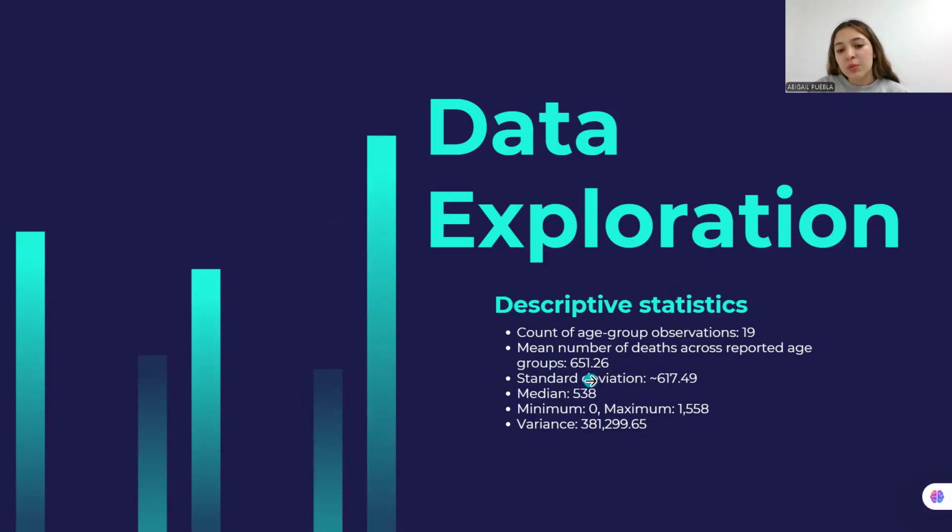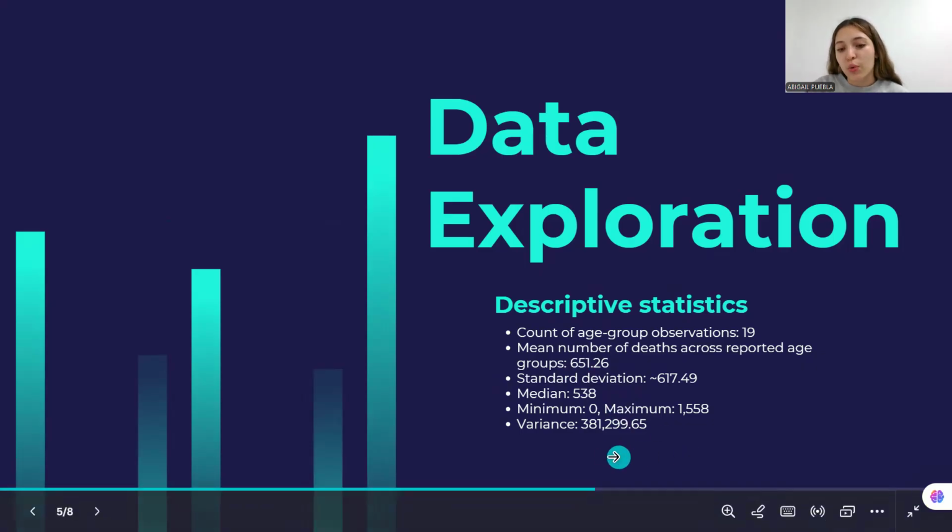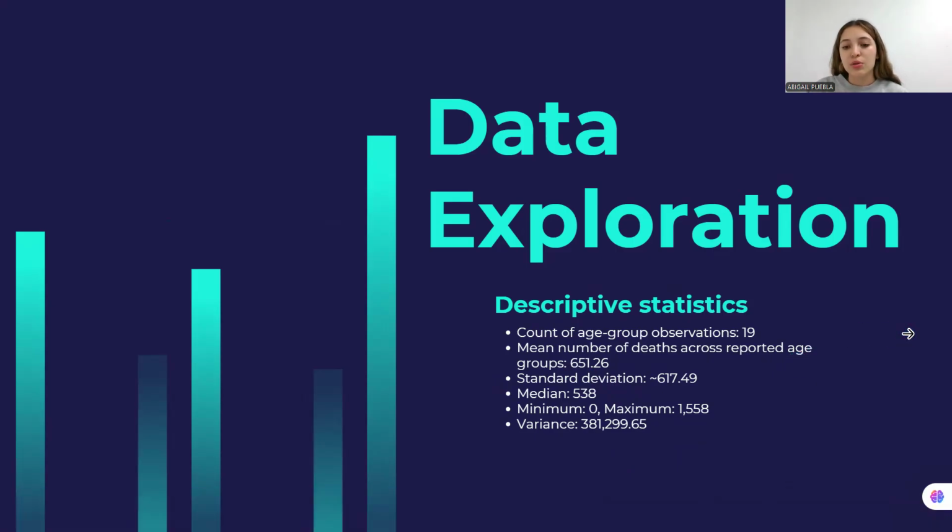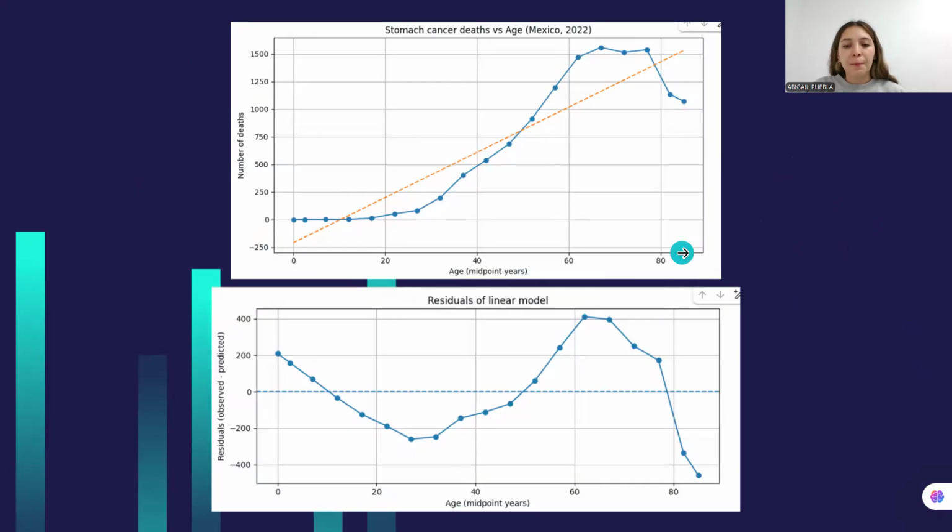The minimum was 0, and the maximum was 1,558 deaths, and the variance is also shown here. So what I obtained was these two graphs.